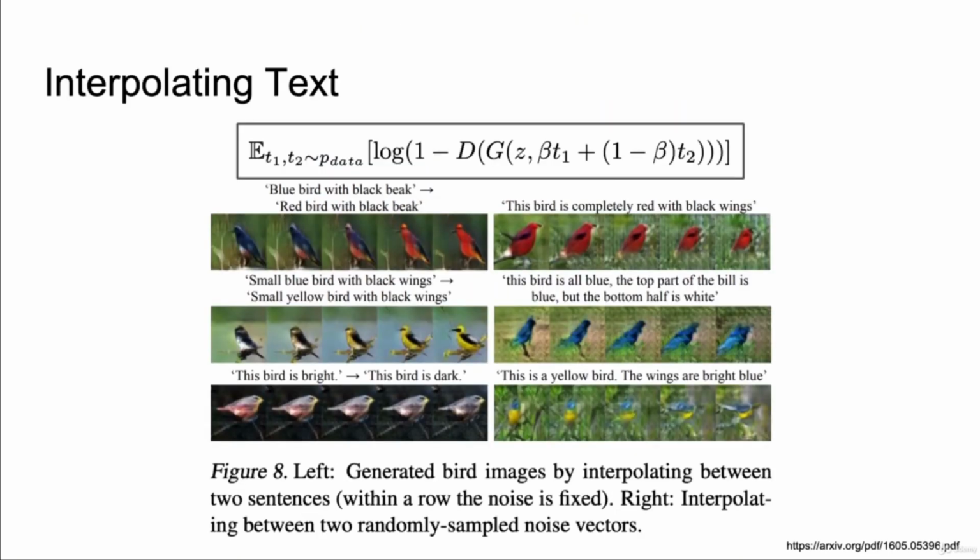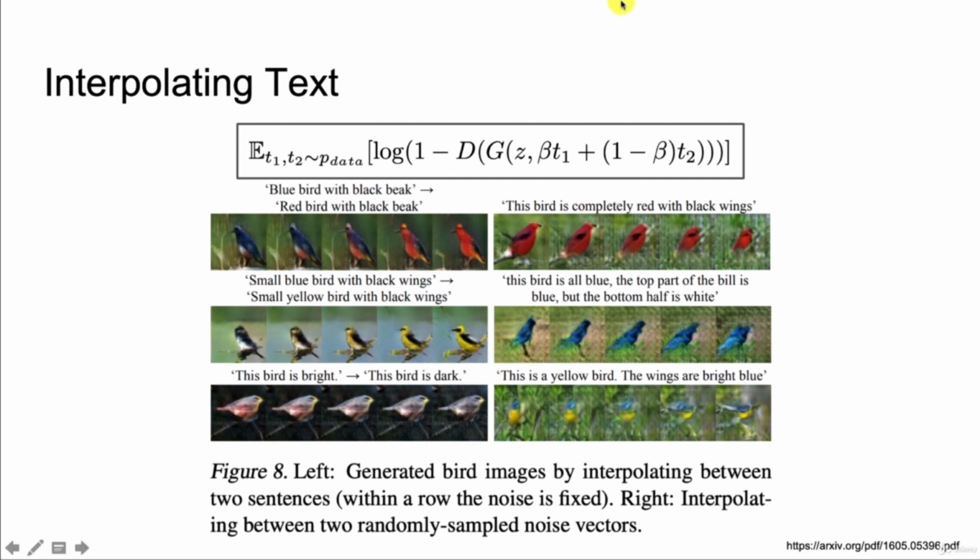Remember that I already told you that using deep convolutional generative adversarial networks, we can make an interpolation in the latent space and obtain the interpolation in the image space. The authors proposed to do the same, but in the text encoding space.